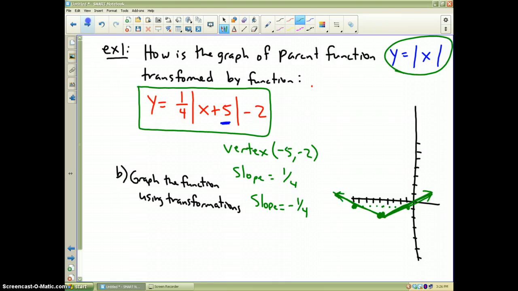And if you notice, the graph widened out. That is the graph of this transformed function, and that is how you graph without the use of a t-table.